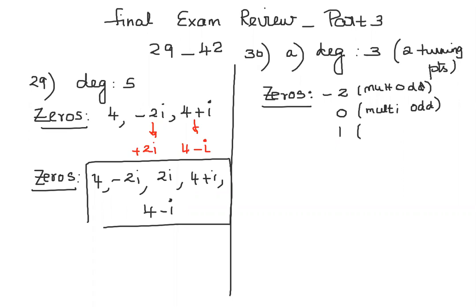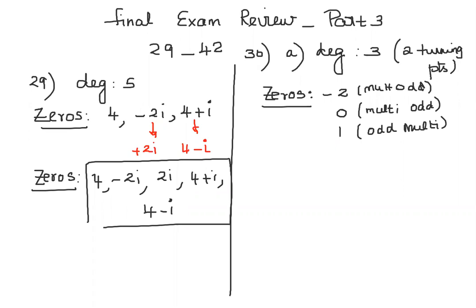And for 1 also it's crossing, so it's odd multiplicity. Only if it just touches the graph, it's going to be even multiplicity.